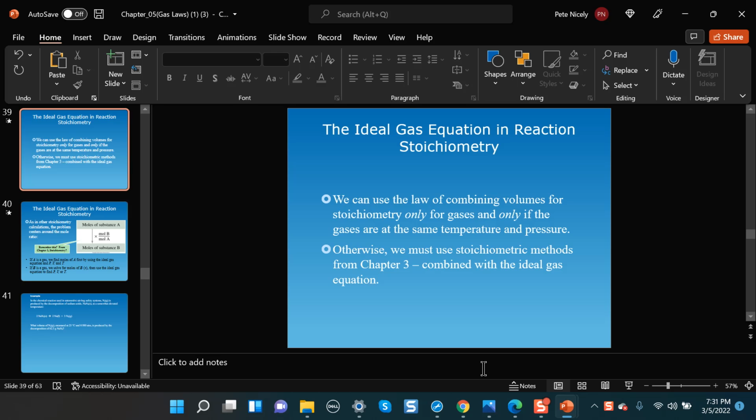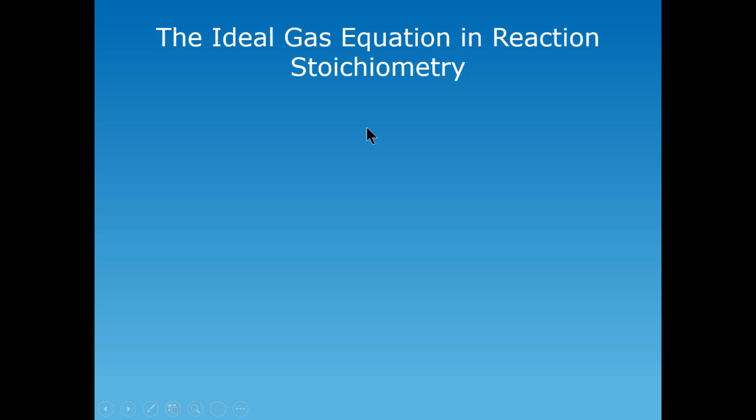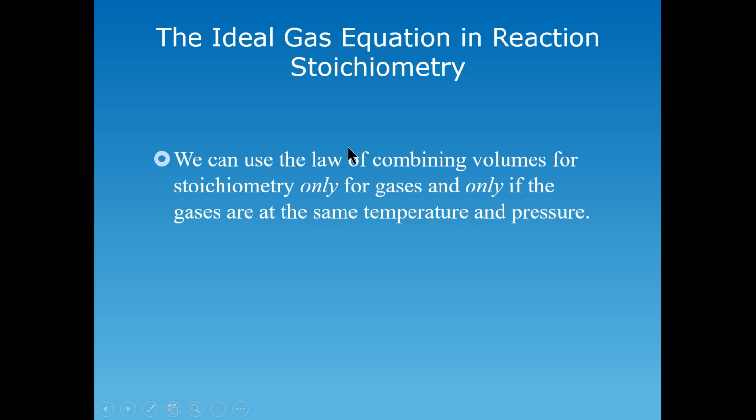Okay, so now we're going to look at a bit more complicated situation when it comes to gas stoichiometry type problems. What we'll be combining in this case is what we learned about the ideal gas equation with reaction stoichiometry.